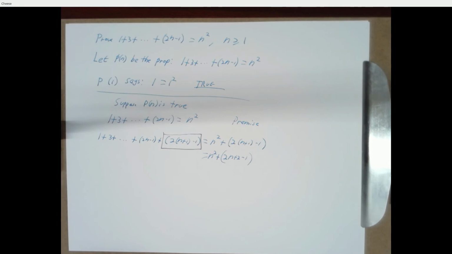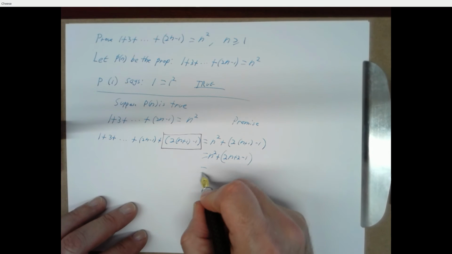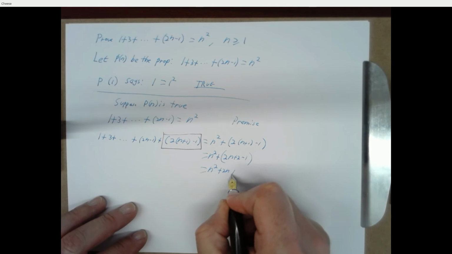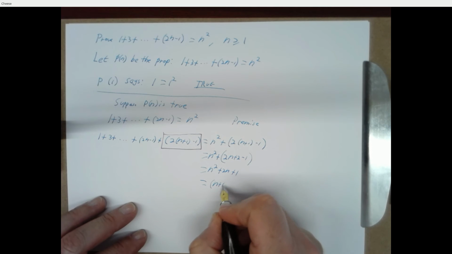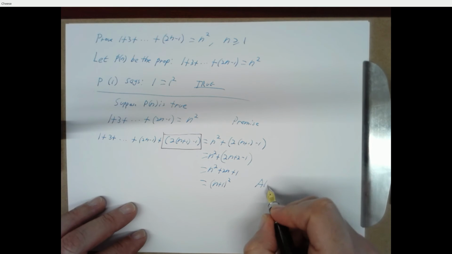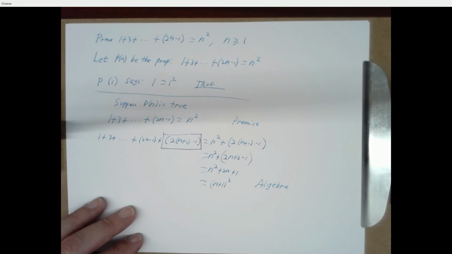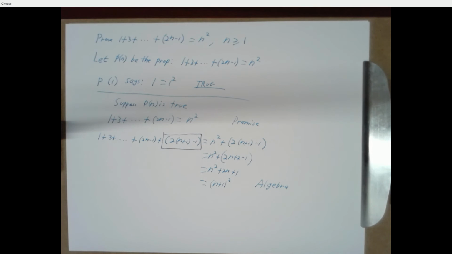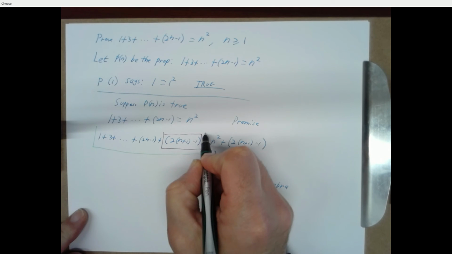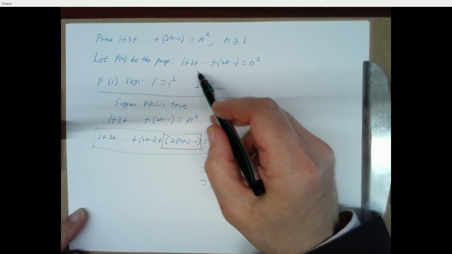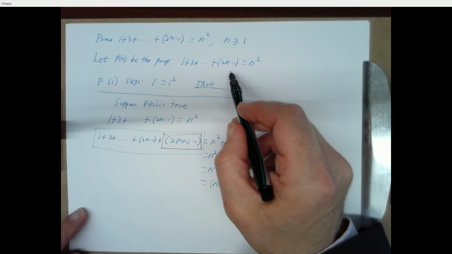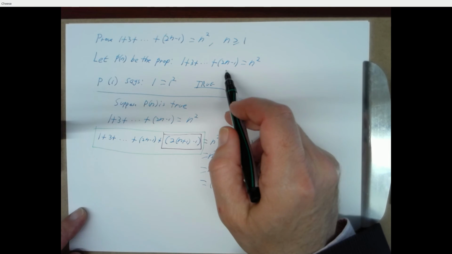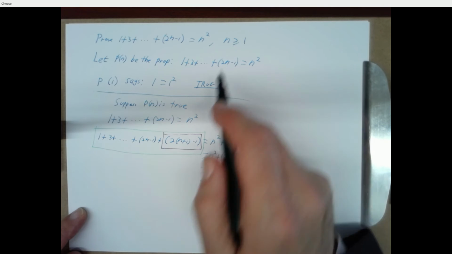And then if you carry out the 2, that's 2n plus 2 minus 1, which is n squared plus 2n plus 1, which is (n+1) squared, and that's all algebra. And now you simply have to observe that this is the left-hand side of P(n+1). P(n+1) says add all the odd numbers up to 2 times (n+1) minus 1.